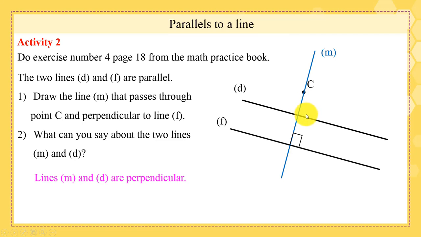There is a property that says if two lines are parallel, lines D and F are parallel, any line which is perpendicular to one of them, this is line M perpendicular to line F, then line M will also be perpendicular to line D because line D and line F are parallel.